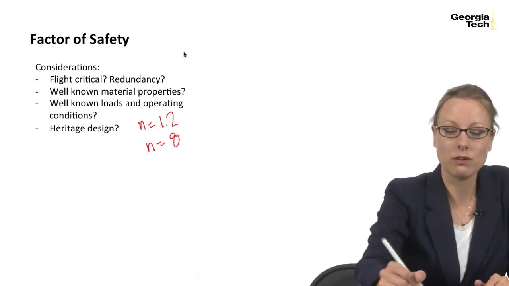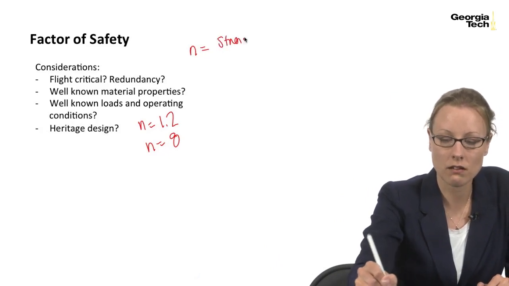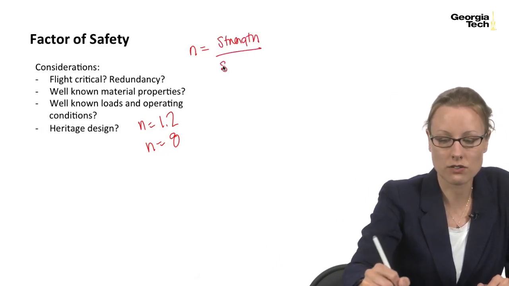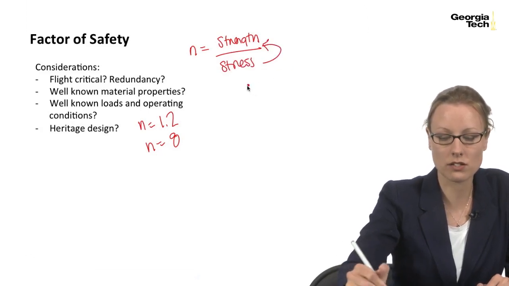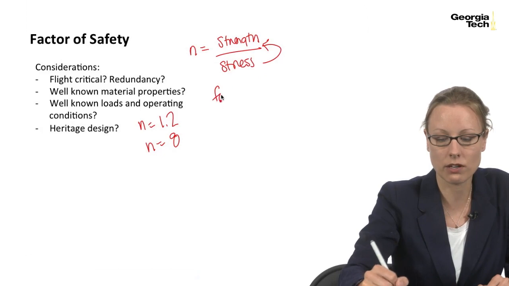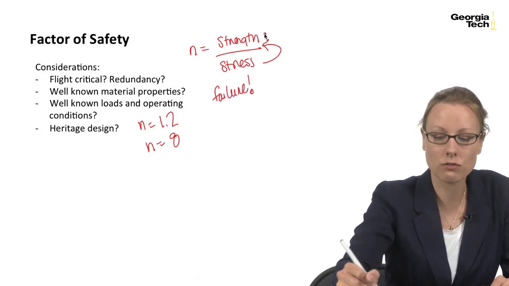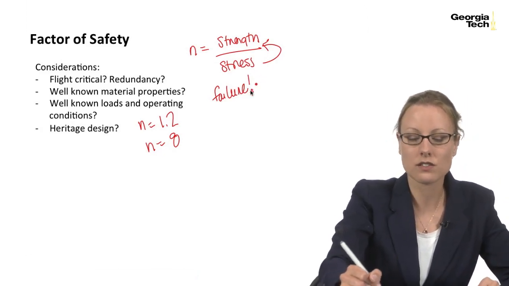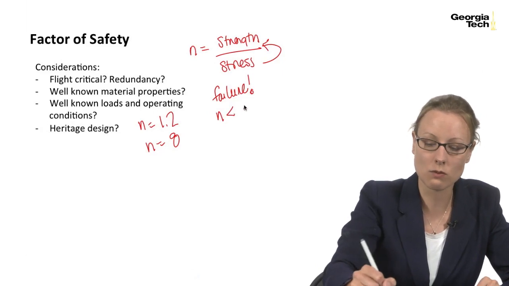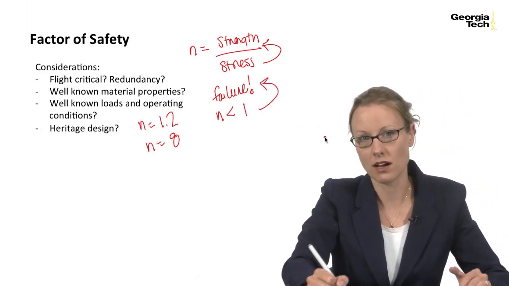And so if we look at N equal to our strength divided by stress, as soon as our stress becomes greater than our strength, that means we've hit failure. So we've either caused rupture, or we've caused some sort of yield. And so if N is less than 1, you're not in a safe design envelope.